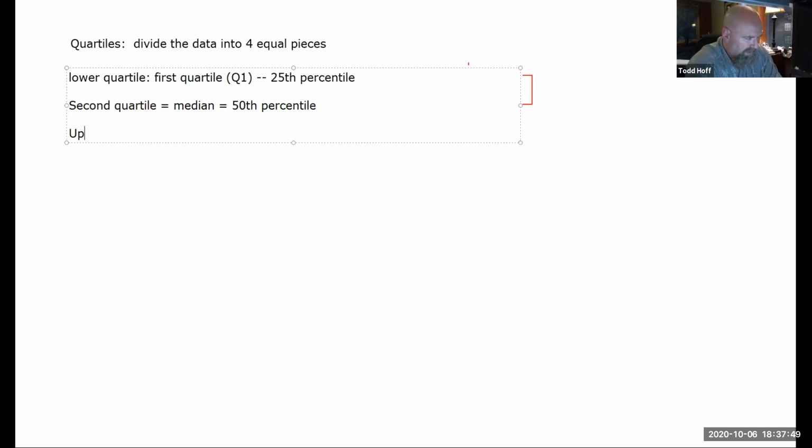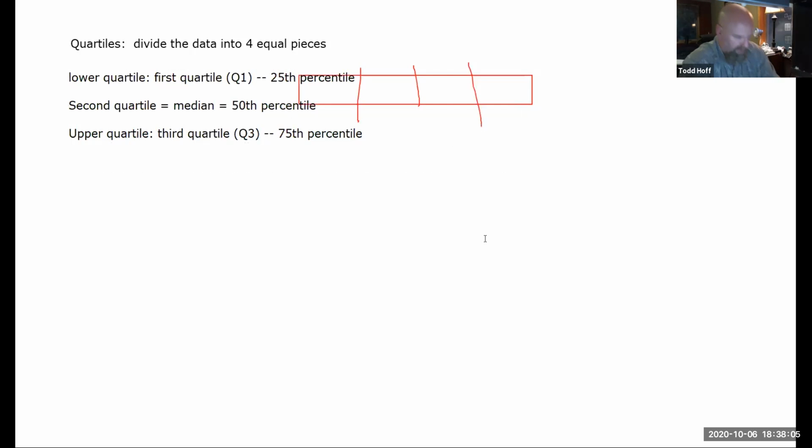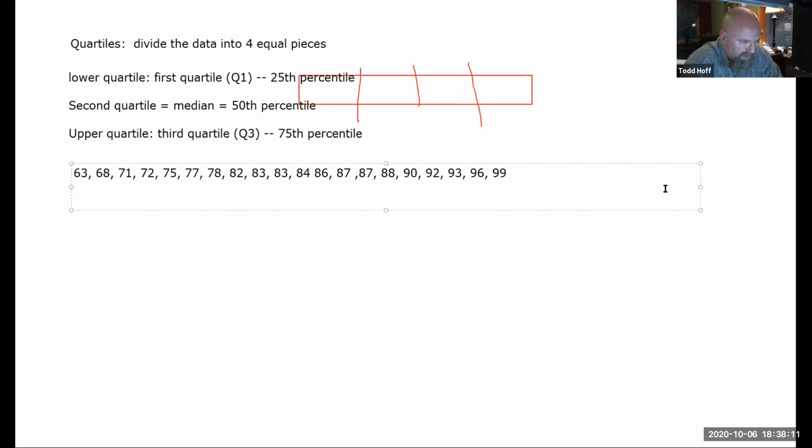And then we have the upper quartile, sometimes called the third quartile, abbreviated Q3. That is the 75th percentile. So if we can find percentiles, we can find quartiles. So for our set of data here, let's find the quartiles.